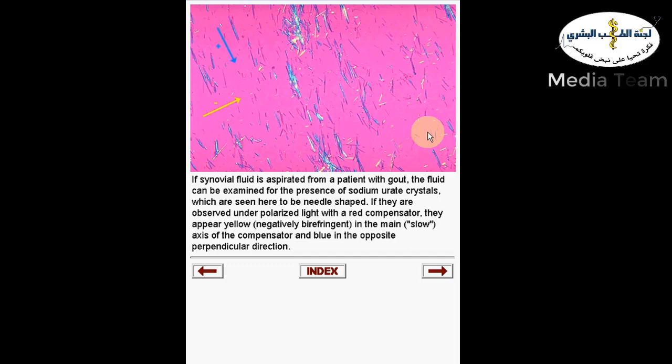And there is a red compensator in the polarized microscope. Here is how the crystals look: needle in shape, variable in size, but all of them are needle in shape. The ones that go with the compensator are yellow in color, and the ones that go in the opposite direction will be blue in color. So this is how they diagnose it, from just aspiration of the fluid in the joint.